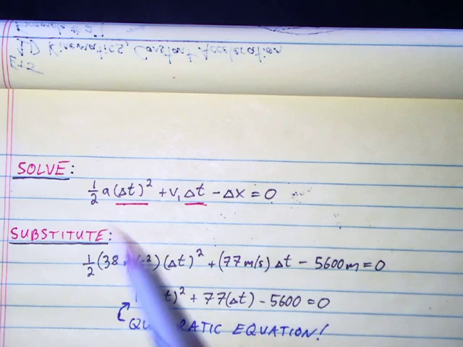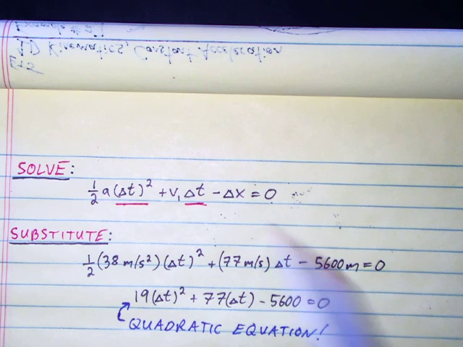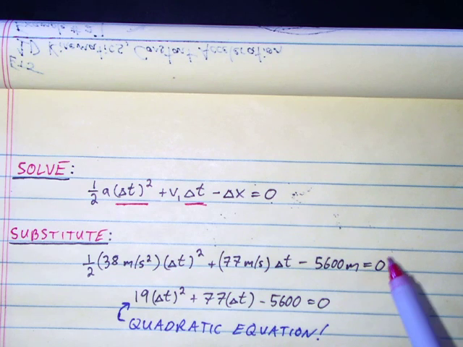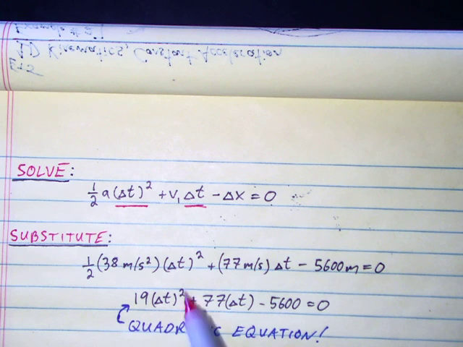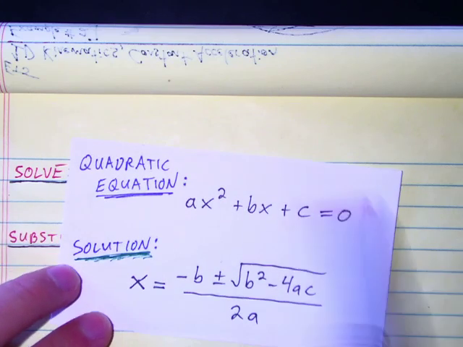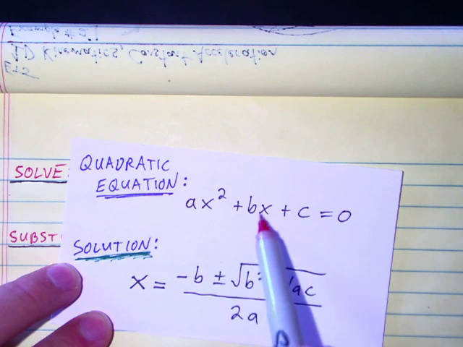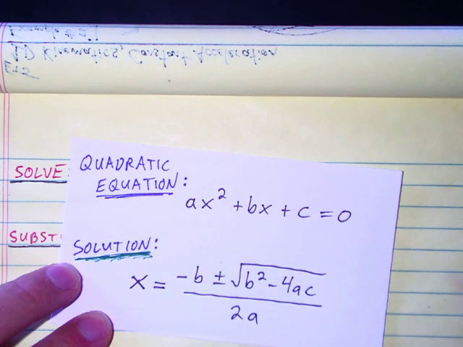Okay, so 1/2, substitute in the acceleration, substitute in the velocity, and substitute in the displacement. Simplify these terms, and I'm going to drop the units for the time being while we do the math part to solve it. So we end up with 19 delta t squared plus 77 delta t minus 5,600 equals 0. This has the form of a quadratic equation. As a reminder, a quadratic equation is always something that looks like ax squared plus bx plus c, where x is your unknown and a, b, and c are known to you.